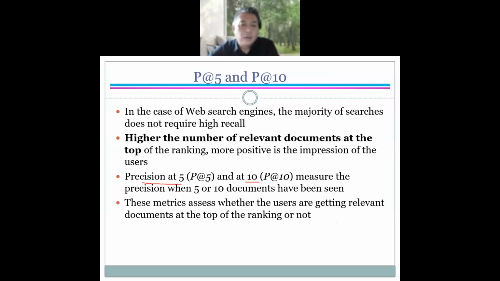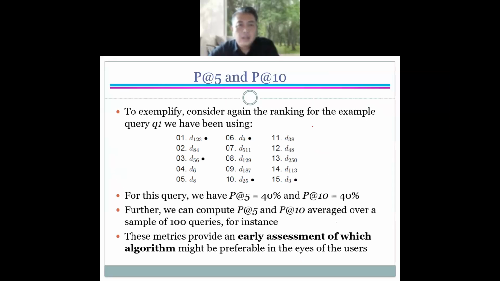For example, what is the precision when we are at document 5?